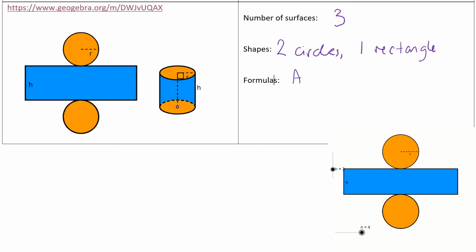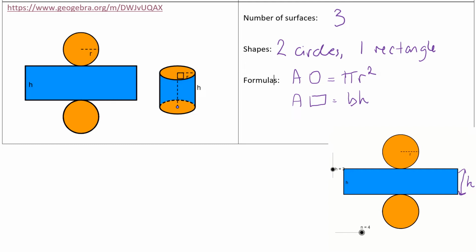And our formula for a circle, the area of a circle equals pi r squared, and the area of a rectangle equals base times height. Now, if we have a think about what the area of the rectangle will be, this here is your height. It's the height of your rectangle, it's also the height of your prism.